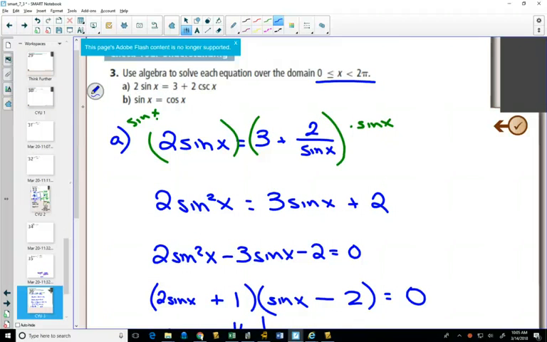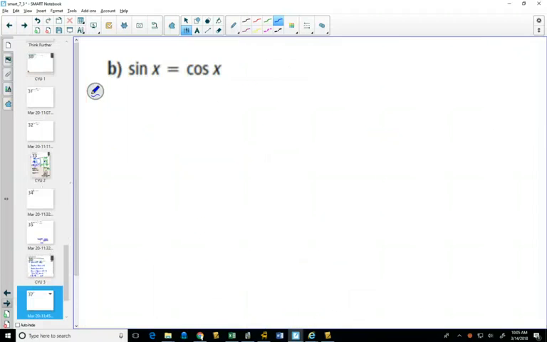For part B, sine x equals cos x. This one's harder because sine x and cos x, again, we've got an equation where the functions are not the same. And the temptation is to use this for substitution.